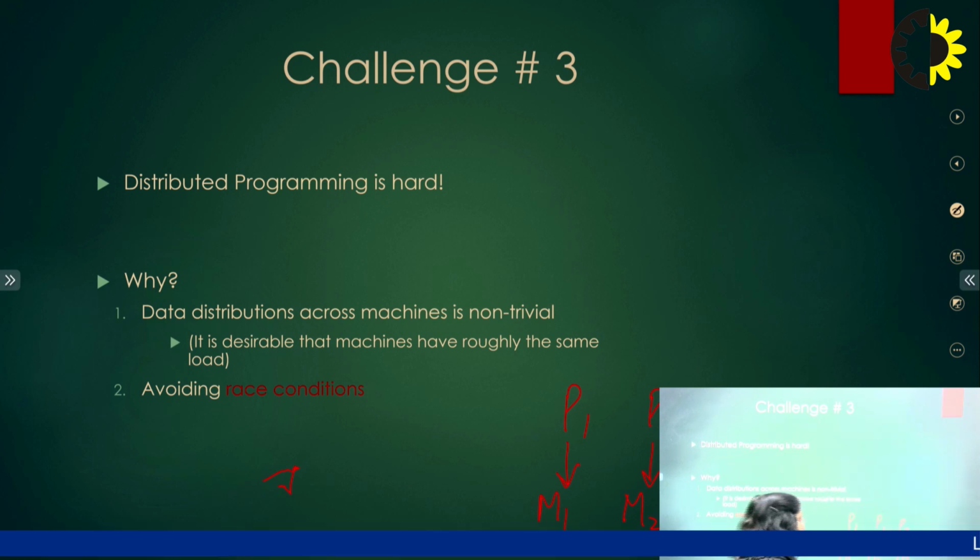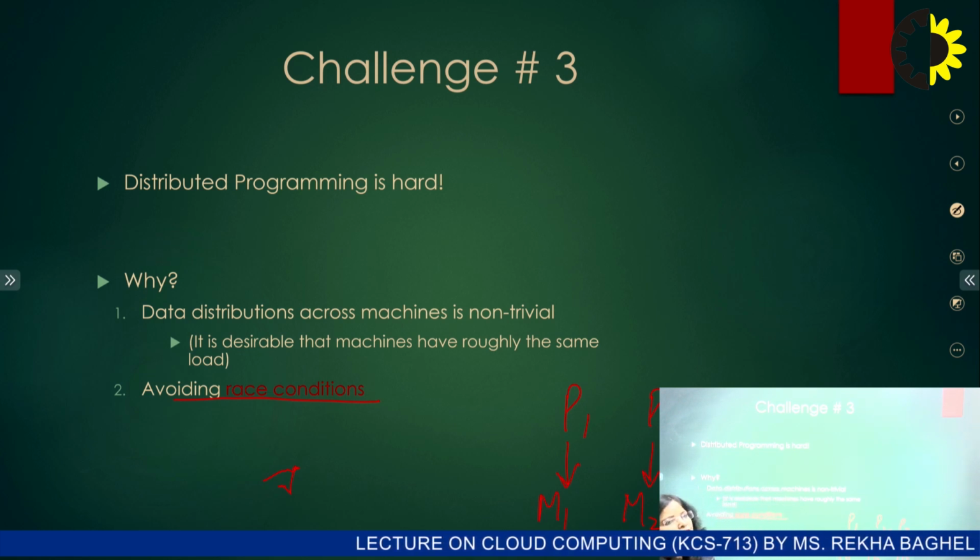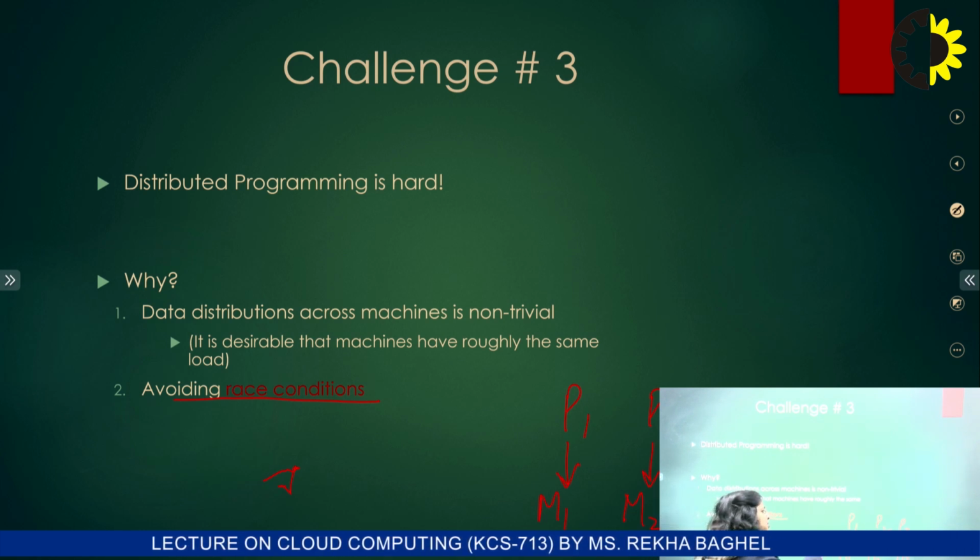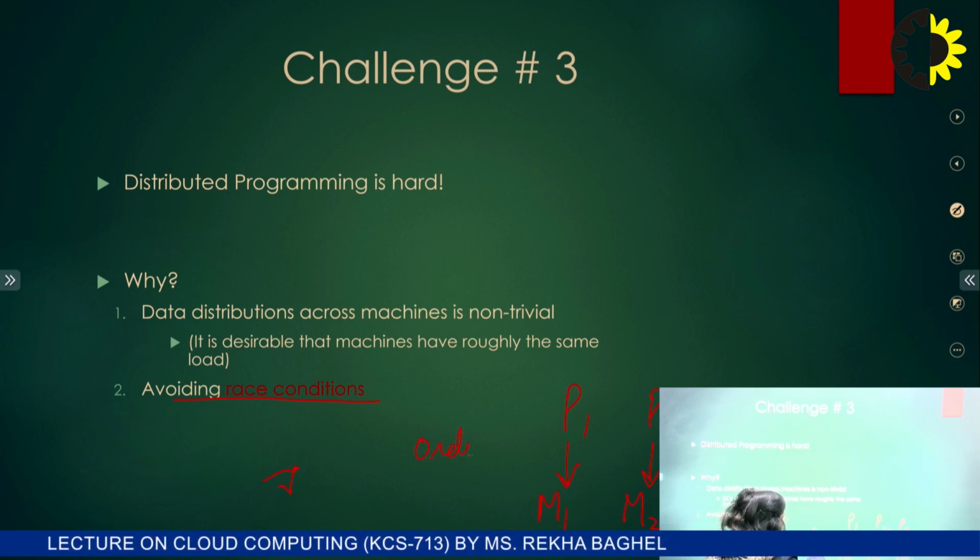The order comes into existence through race conditions. If the order of execution of the processes matters, we need to avoid the race conditions so that this order will be maintained.